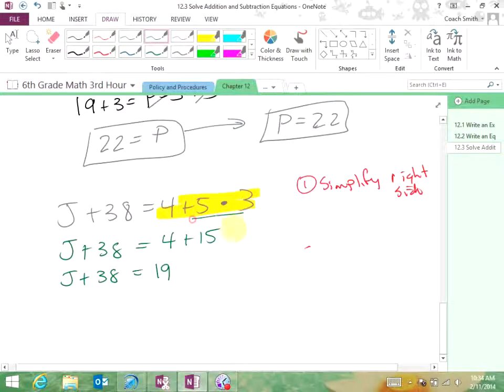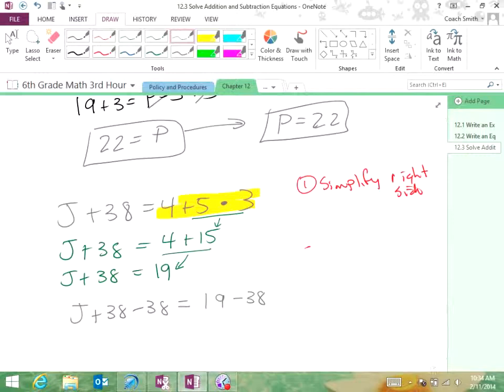Understand where I got the 15 was right there. 5 times 3. Then I took 4 plus 15, and that's 19. Now, I have J plus 38 minus 38 equal 19 minus 38.